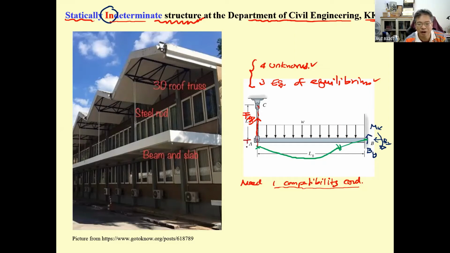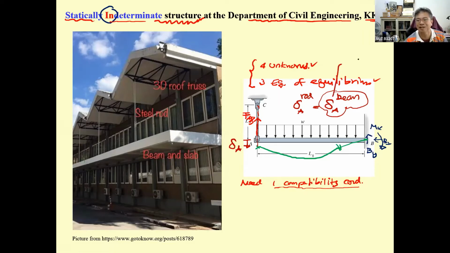Then we have to consider delta SA that occurs in the rod, and delta SA of the beam. That means you have to determine the deflection of the beam, and you haven't studied this yet.